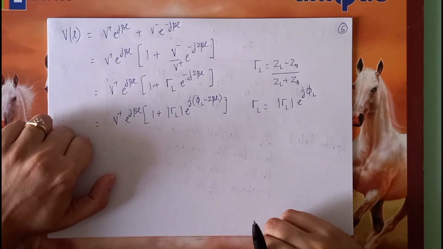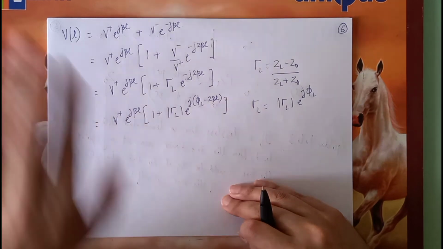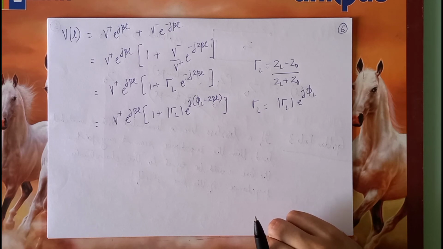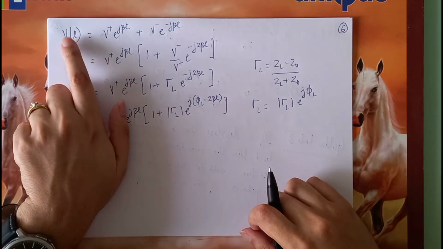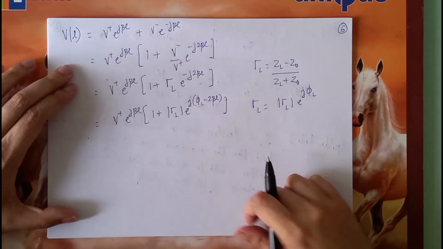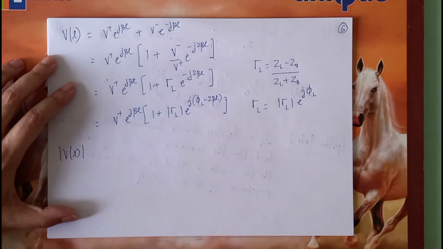So my question therefore is, can we do some analysis which is a little bit more simple, in the sense that rather than looking at the absolute nature of VL, can we look at the magnitude of VL? That's going to give us an easier analysis.